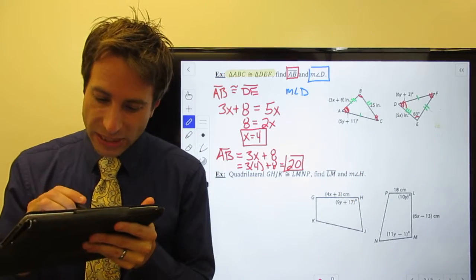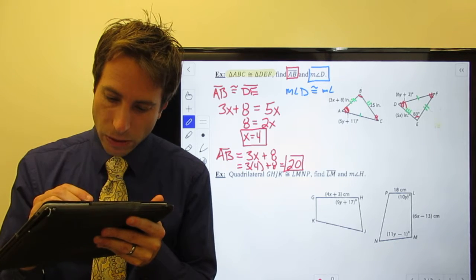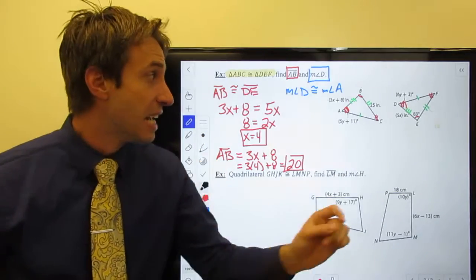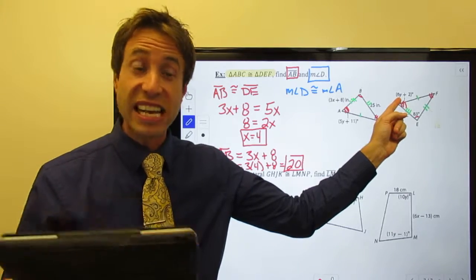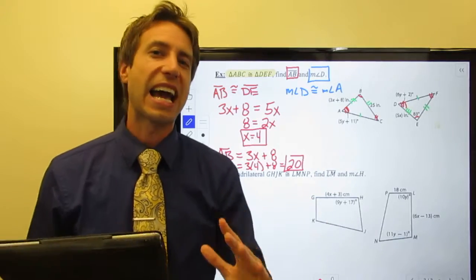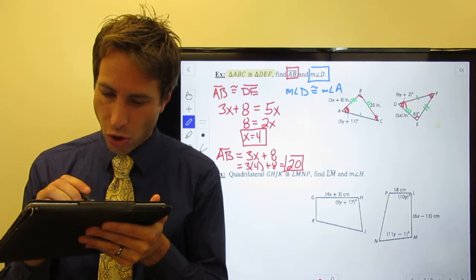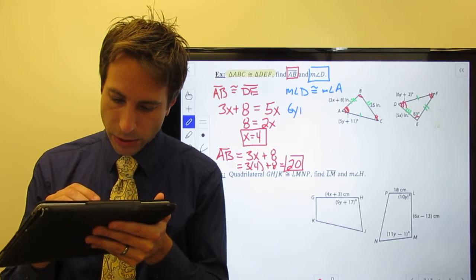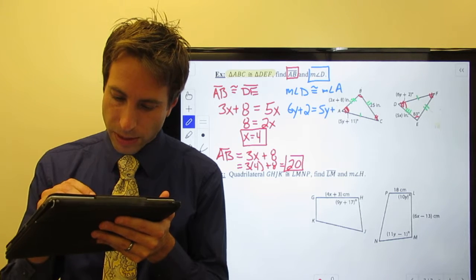So the measure of angle D is congruent to the measure of angle A. That's very helpful, because I can take the measure of angle D, which has a variable in it, and set it equal to the measure of angle A. Once again, I have a fairly simple geometry equation that I can solve. So we're going to have 6y plus 2 is equal to 5y plus 11.